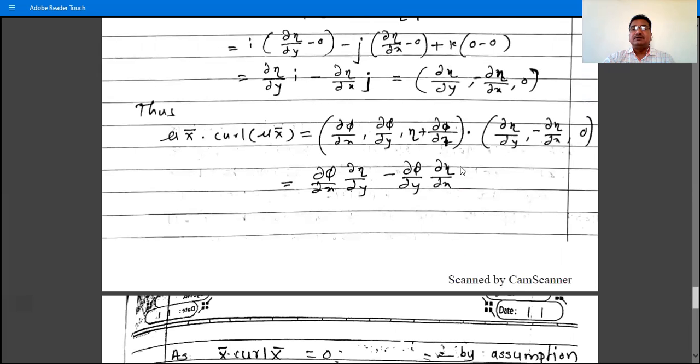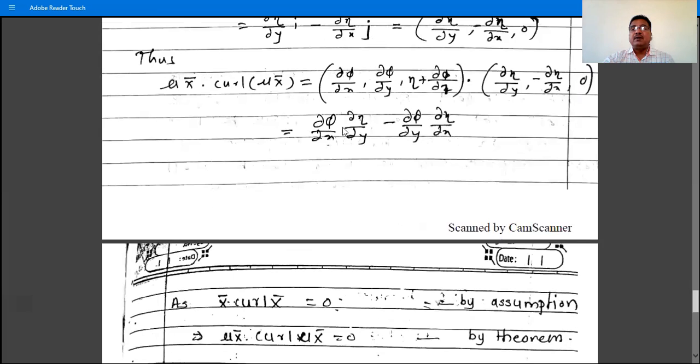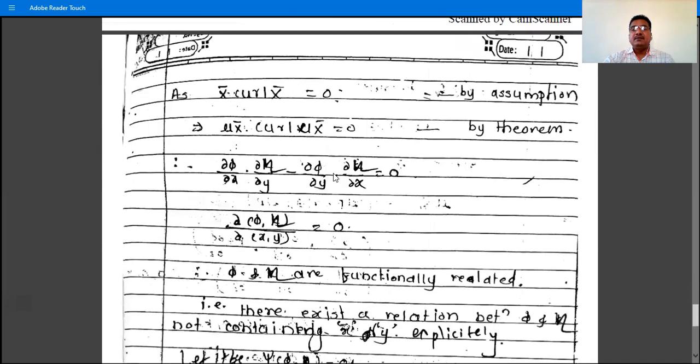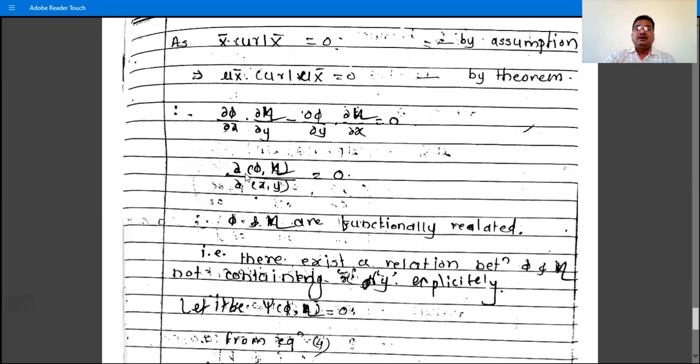And so this is equal to 0. What we have is ∂φ/∂x ∂ν/∂y minus ∂φ/∂y ∂ν/∂x is 0, and this is the Jacobian of φ, ν with respect to x, y.